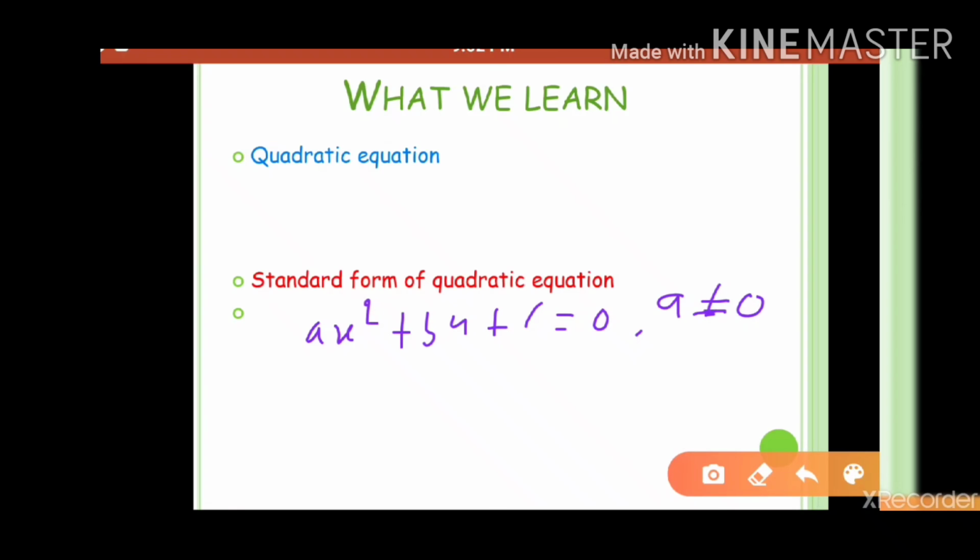Or we can say that when all terms of a quadratic equation are written in descending order of their degree, then the equation becomes the standard form of a quadratic equation. Here there is a 2-degree term, this term of 1 degree and this term of 0 degree. Or we can say all these terms are written in descending order. Therefore, this is the standard form of a quadratic equation.